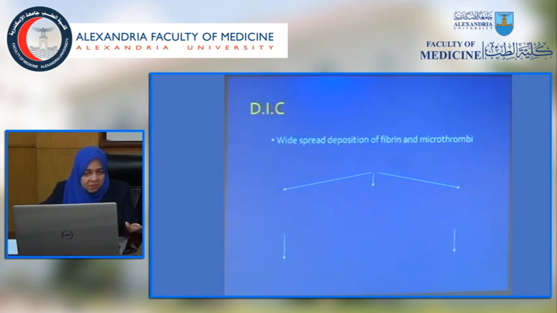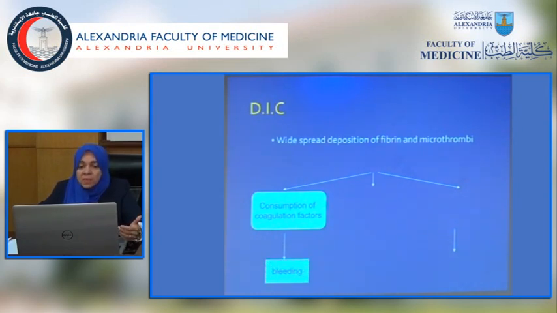We are coming now to the DIC, or the disseminated intravascular coagulation, which is a widespread deposition of fibrin and microthrombi. And here there will be consumption of coagulation factors, and the consumption of the coagulation factors will lead to bleeding. Also, there will be tissue ischemia and necrosis due to obstruction with these microthrombi in the vasculature.